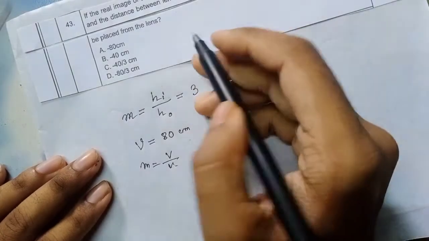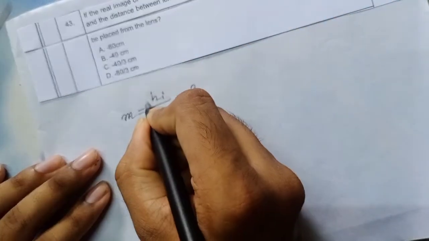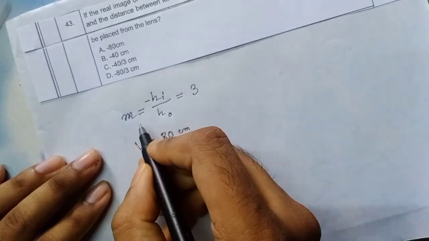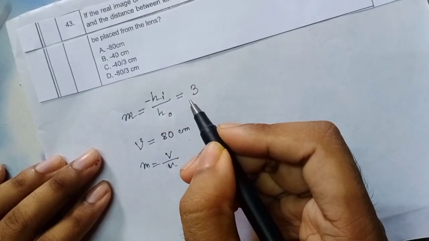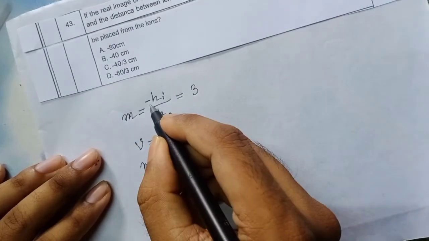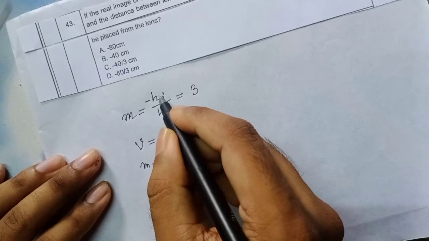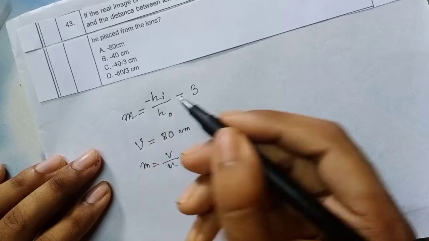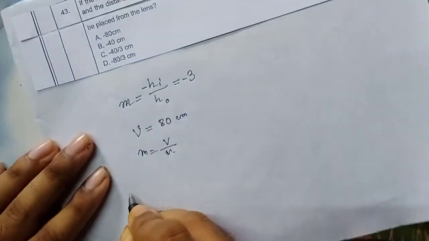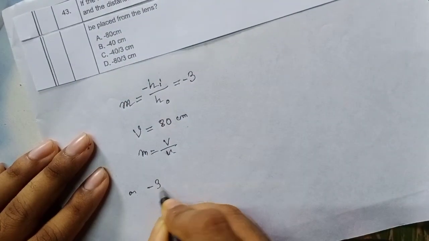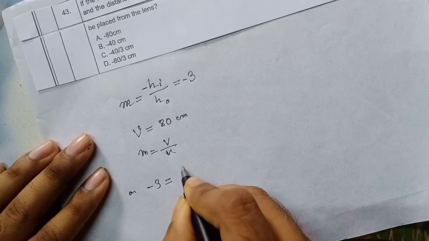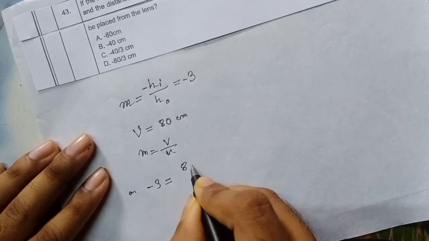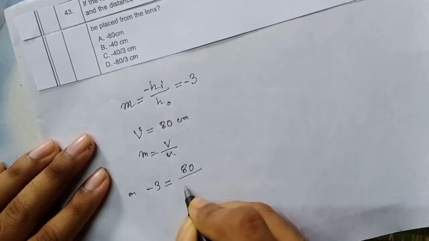Now there must be a minus sign, because magnification equals to minus of height of image by height of object, because it is inverted, it is -3, or -3 equals v, which is 80, by u.